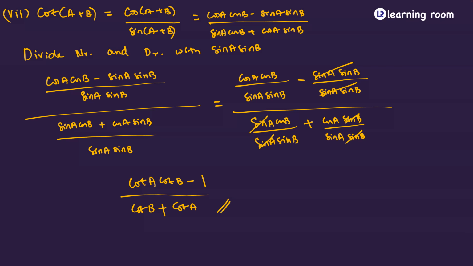So it is cot A cot B minus 1 divided by cot B plus cot A, or cot A plus cot B also. Okay.